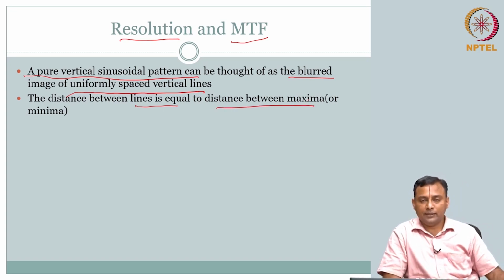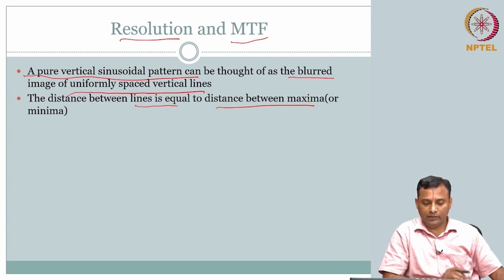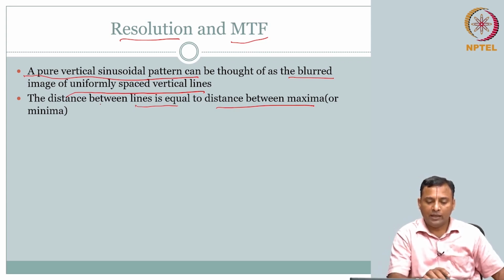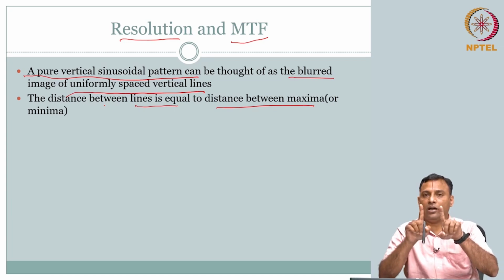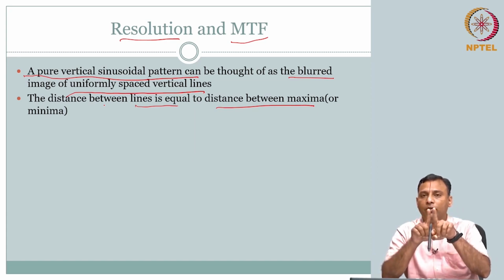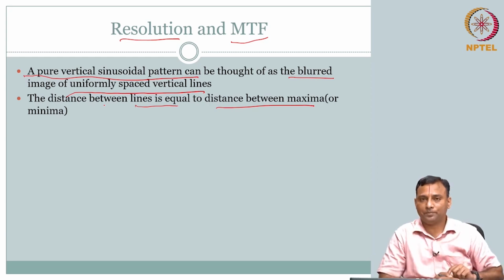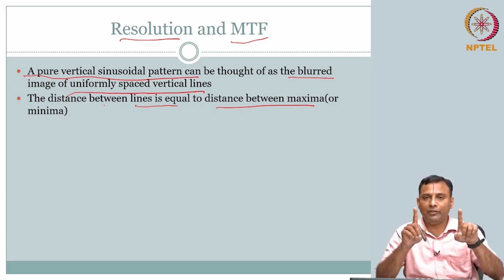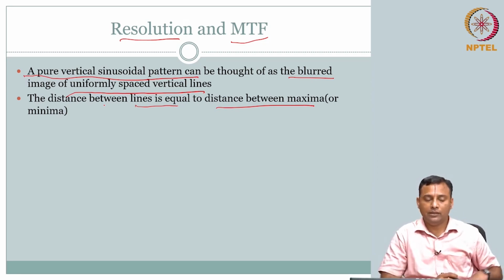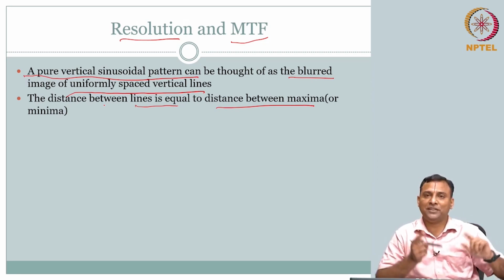So now you can see how we are going to interpret this thought process: how close two lines can be before they are seen as one line, how close two objects can come before the system does not see them as two objects anymore. You can have them as close as possible by increasing the frequency.